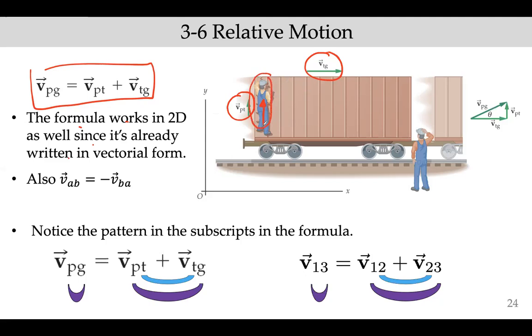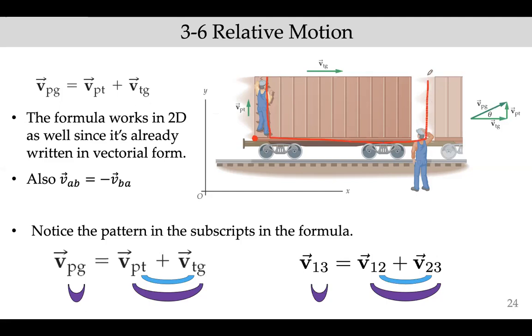Let's do it this way. So there's an object here, climbing up. Initially, instead of the person, let's think about this object. It's here. Now the train will move, this much.